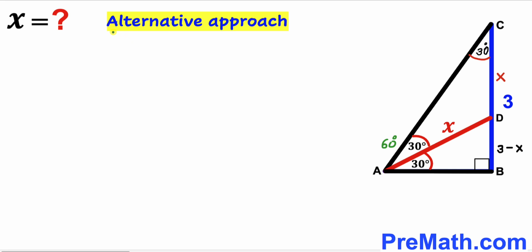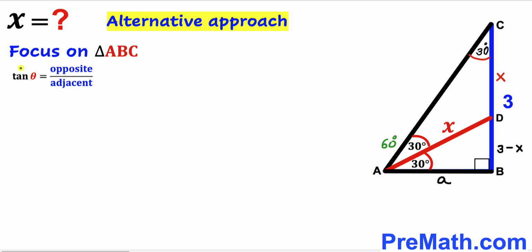Now let me share with you the alternative approach. Let's focus on this whole right triangle ABC. I'm going to label this side AB as lowercase a. We know this whole angle BAC is 60 degrees.